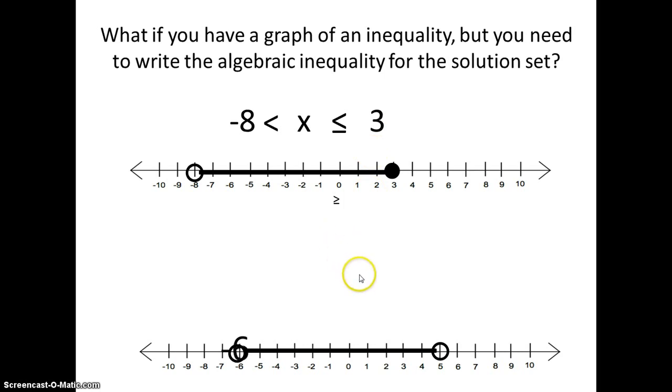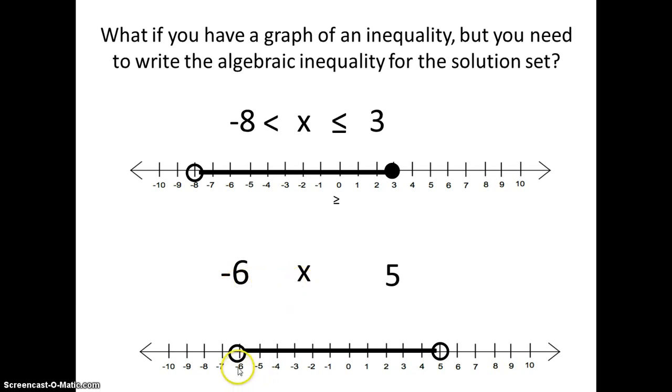The second example, we take the two numbers that bracket the x, a -6 and a 5, and we know that x lies along this line at any point. Then we look at the relationship between -6 and x.